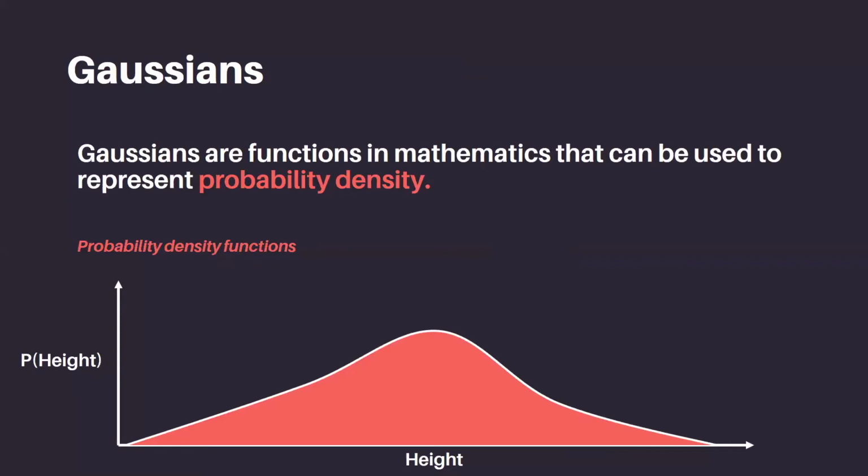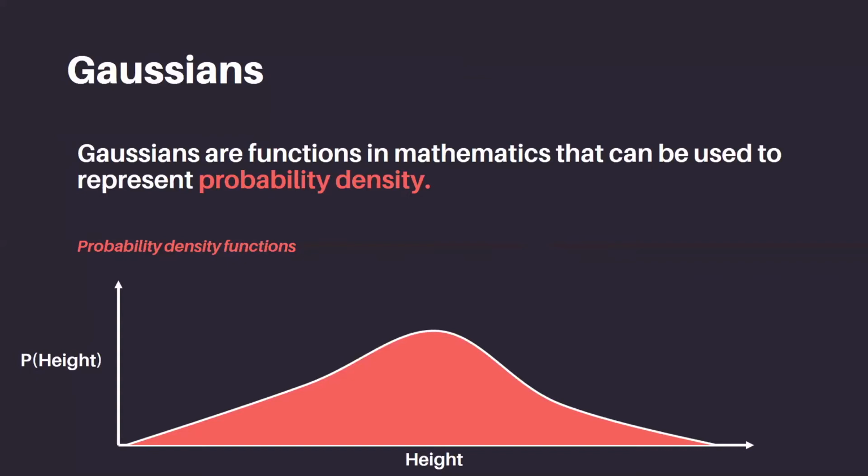Near the middle, you might see something like 1.6 or 1.7 meters tall for an average human. And on the y-axis, you'd see the probability of being that specific height. Now, the total area should sum up to 1 ideally, so the probability of being any height is 1, right? Because everyone is a certain height.